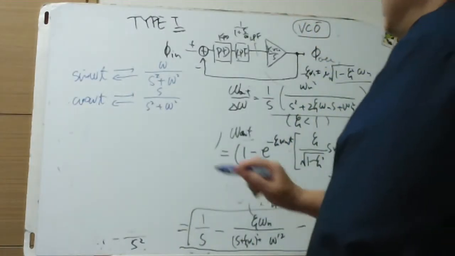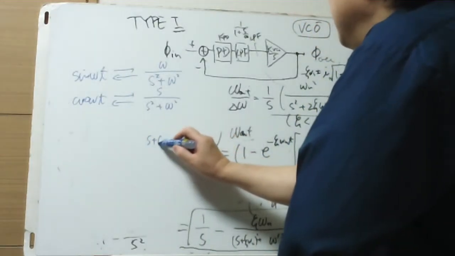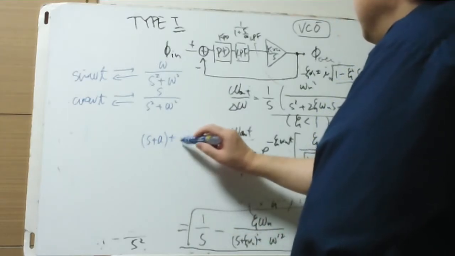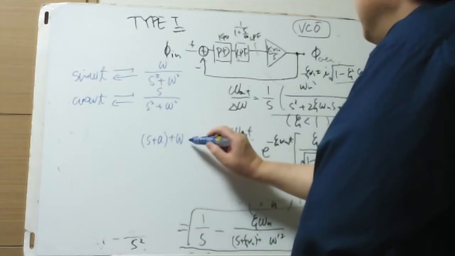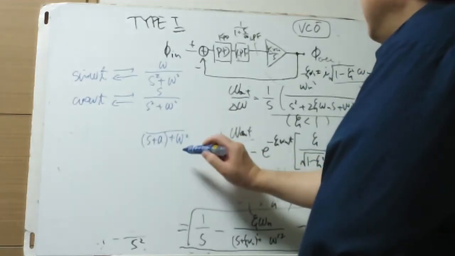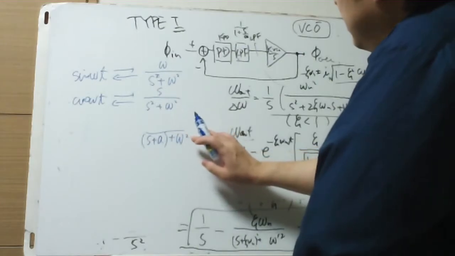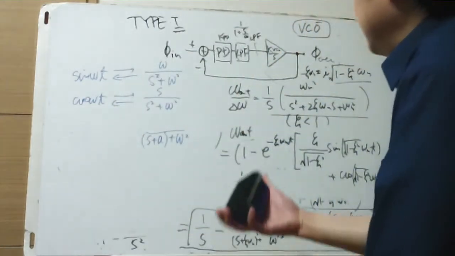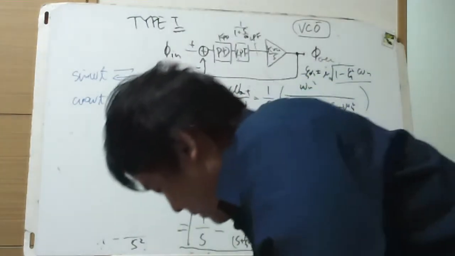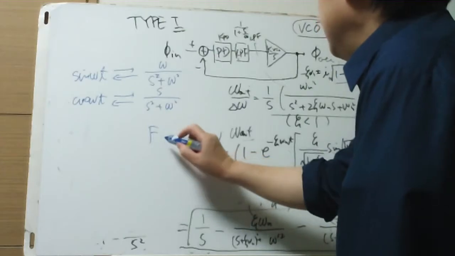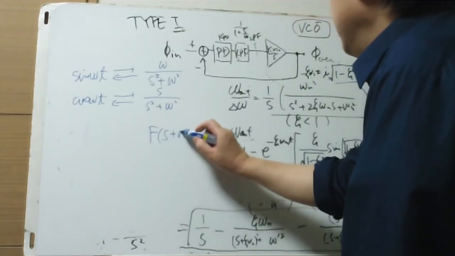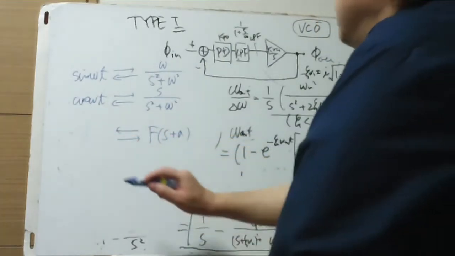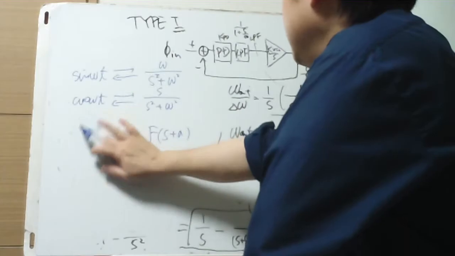And if s is shifted to a real number or imaginary number, s in the Laplace transformation, so F of s plus a, the inverse transformation is f(t).